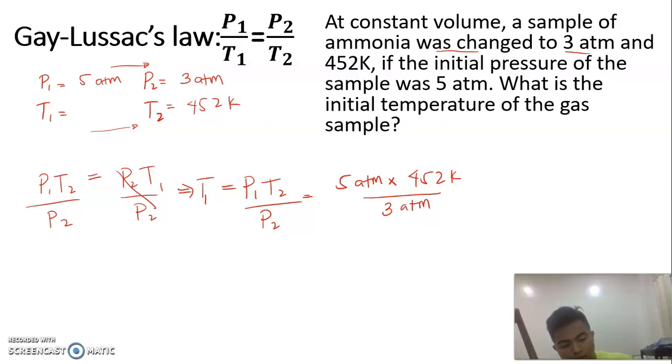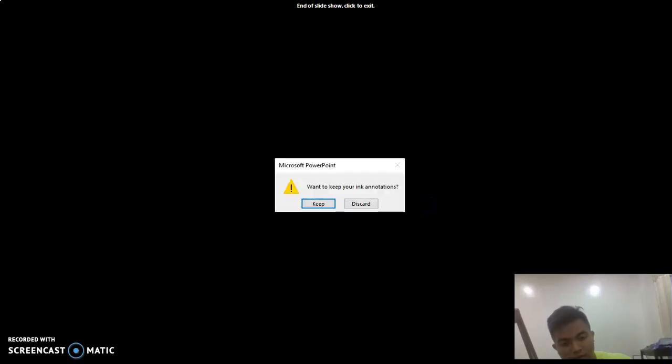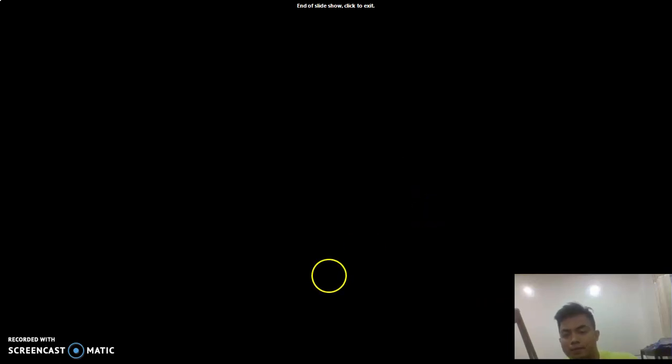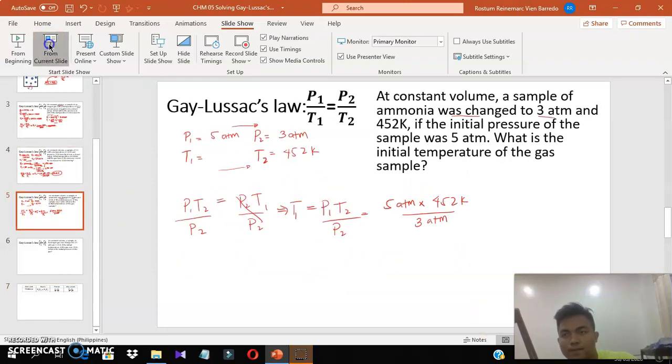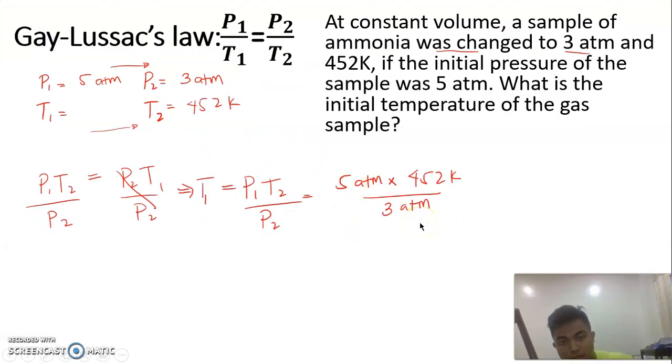So 5 times 452 divided by 3 is going to be, cancelling the atm, 753.333 and so on Kelvin.